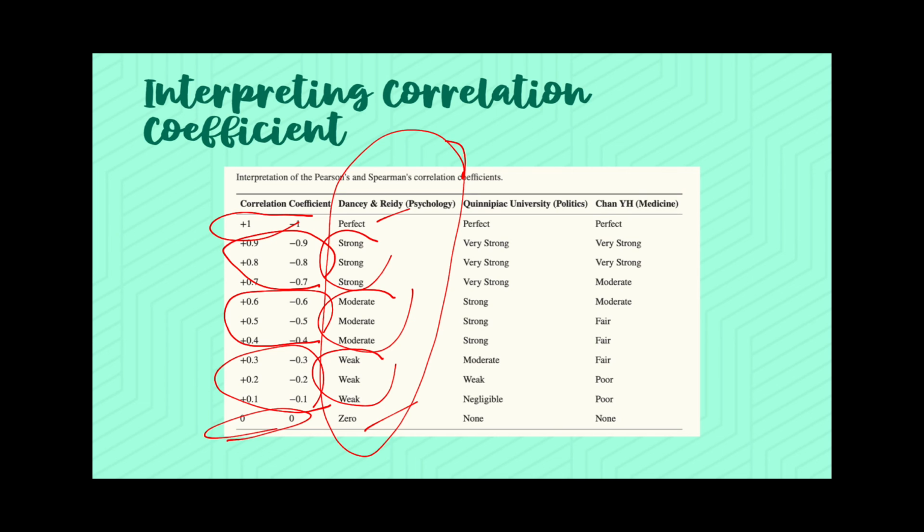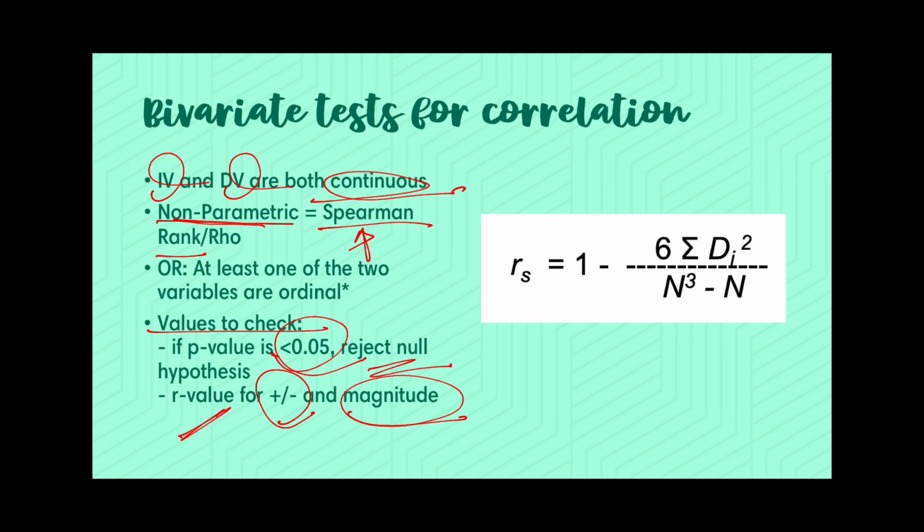When you look at the p-value, usually you won't really have to look at the correlation. Remember, you don't have to look at the correlation coefficient if the significance is not established. So again, the values that you have to check: if the p-value is less than 0.05, then you reject the null hypothesis. That's the only time you go to the next step of looking at the correlation coefficient.